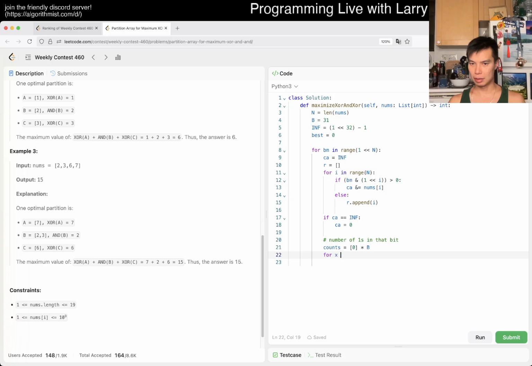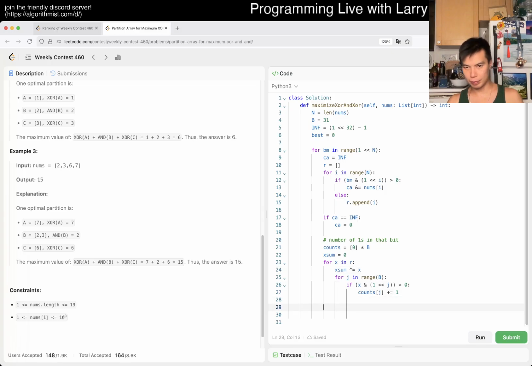Oops. If this is greater than 0, then okay. We also want to get an XOR sum. You could construct it from it anyway, but okay.